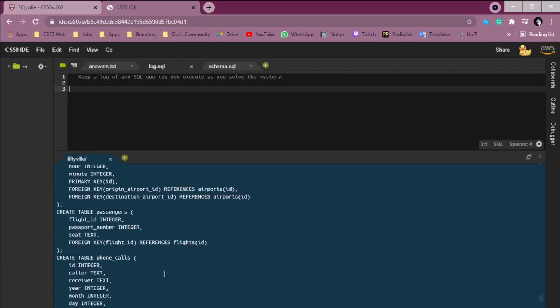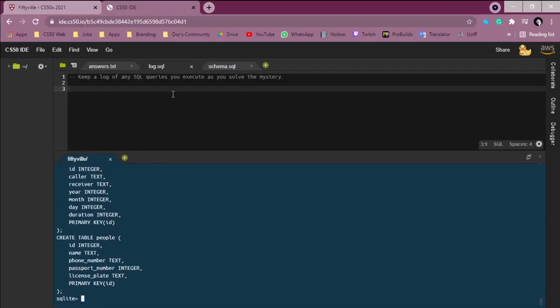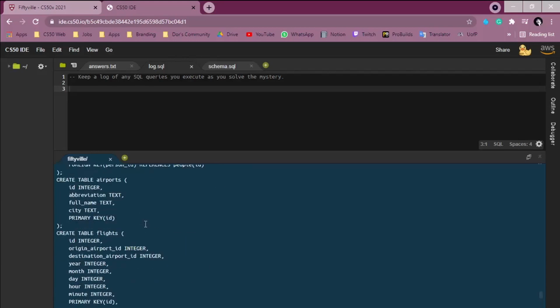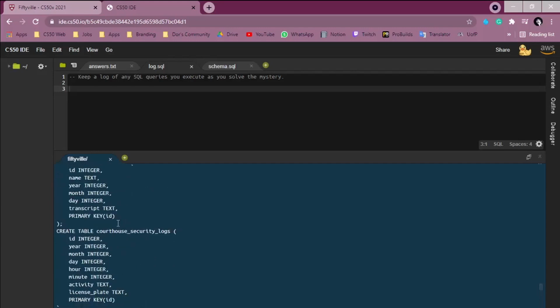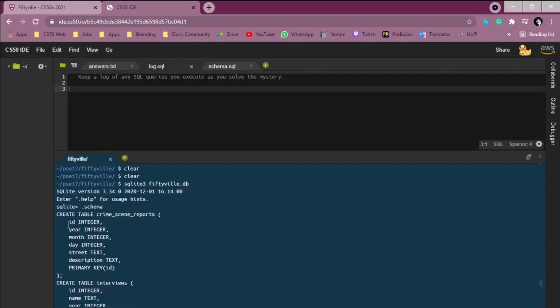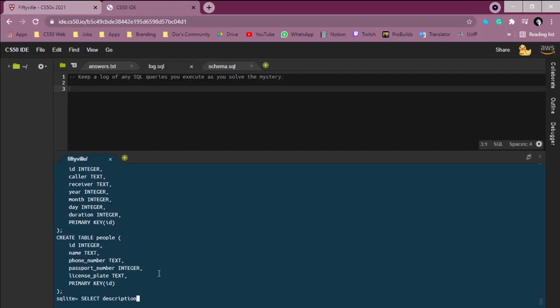So first we're going to use SQLite and then we're going to pass to log. This is going to be our workflow basically. So we're going to start with what we want to get: select description, okay. If we take a look here, description is a column in our crime scene reports table, okay. We have information on the year, month, day, and street. We just don't have the description, and this is what we're going to get to start to solve our mystery.